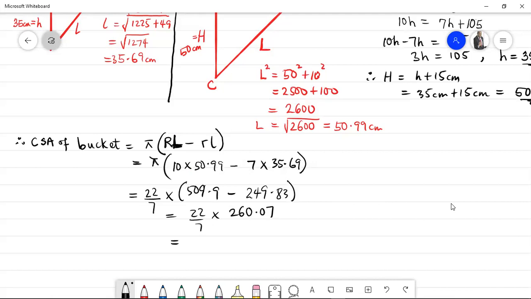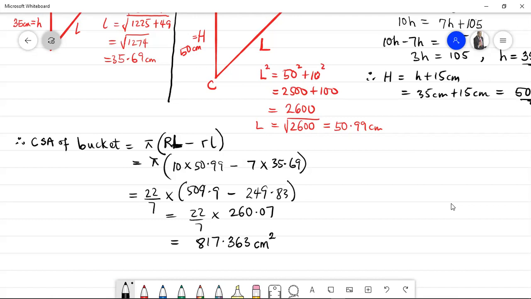The conclusive answer from that is going to give us 817.363, and that would be in centimeters squared, because we are dealing with area this time around and not volume.